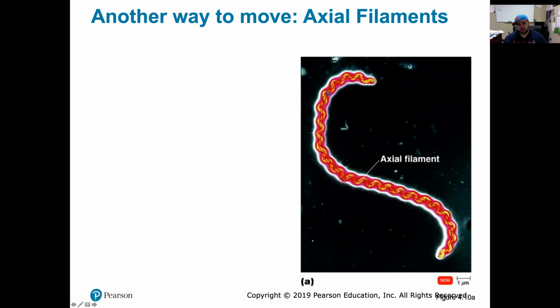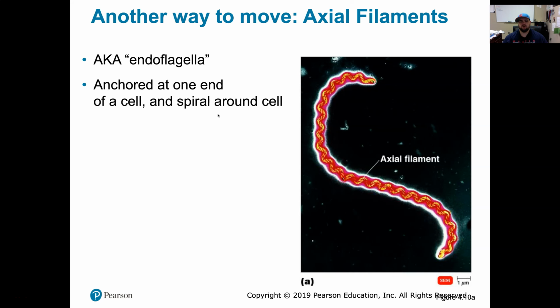You can see two red lines right there that go down the middle of the cell, and then this endoflagella, the yellow, is coiled around it, and it acts like a spring in a corkscrew motion. It's anchored at one end, and then it allows the endoflagella to spin around this central filament.